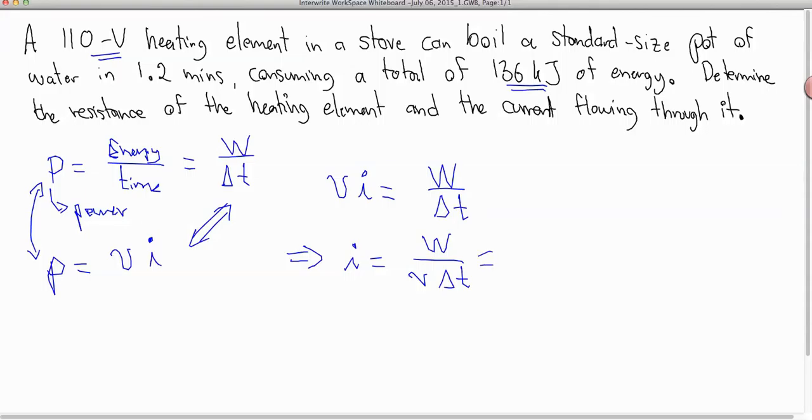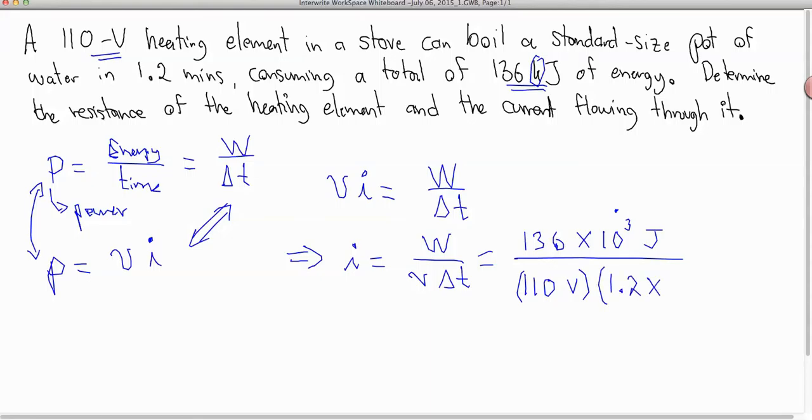If we substitute the values here, we have 136 times 10 to the 3 joules. Why 10 to the 3? Because here we have kilojoules. This is divided by 110 volts, and then the time is 1.2 times 60.